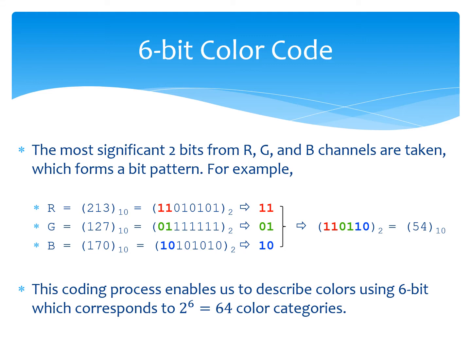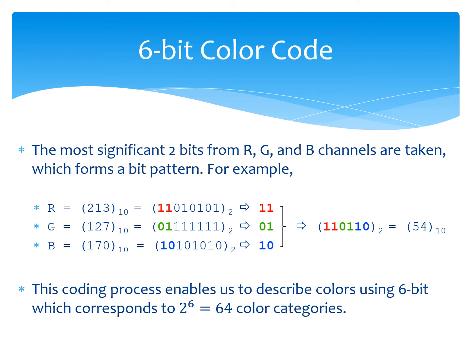So assume we have a pixel with the RGB value, which is originally 213 for red, 127 for green, and 170 for blue. The subscript at the bottom right corner indicates that it's the decimal value.